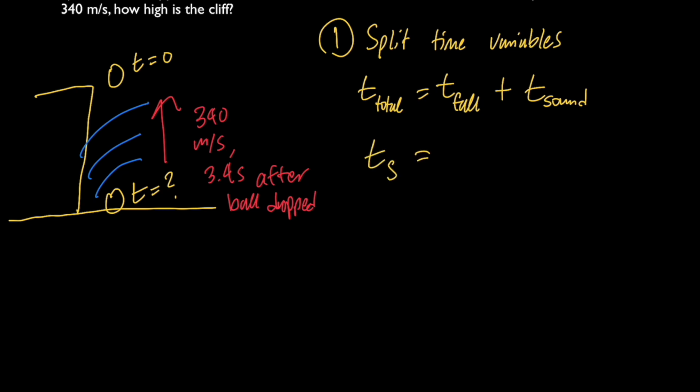So ts is t total minus t fall. And t total we're actually given is 3.4 seconds. That's the total time for the ball to fall and for the sound waves to travel back. So we can just substitute 3.4 in right here. So this is our first equation that we will use later.